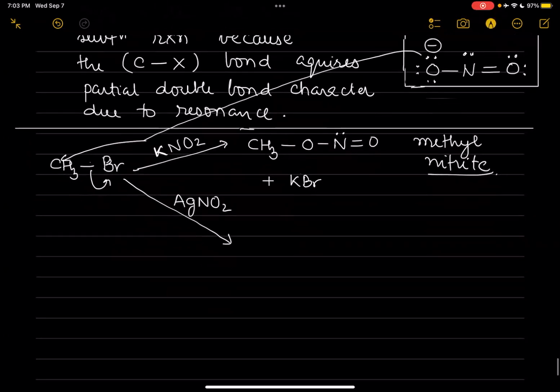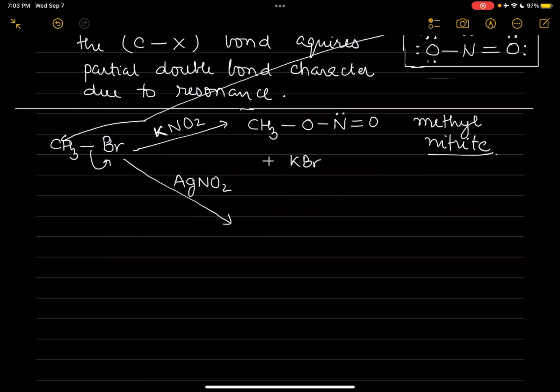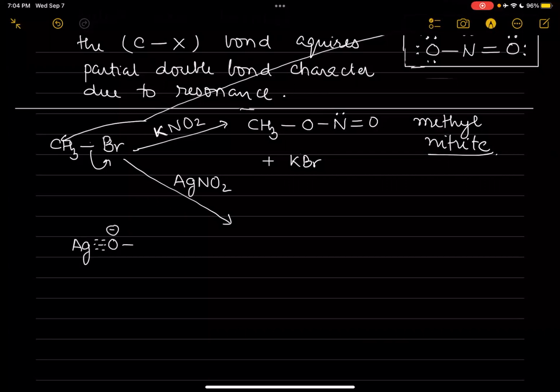Anushka, what is going to happen with AgNO2? Let me show you the structure of AgNO2. So this is still NO2 minus.